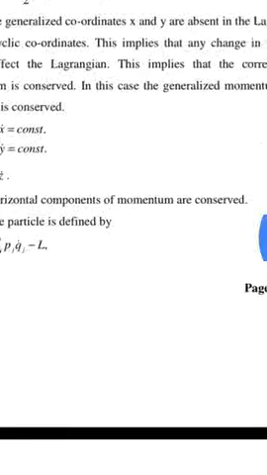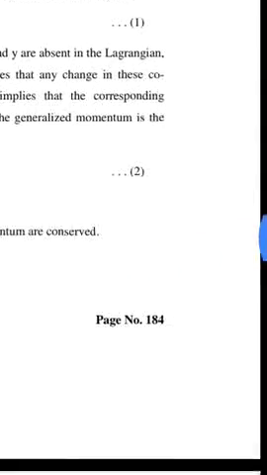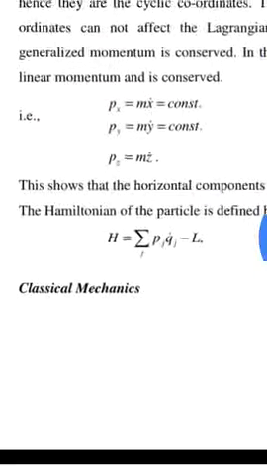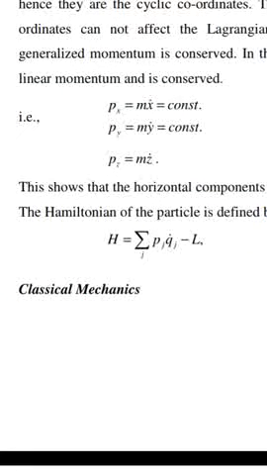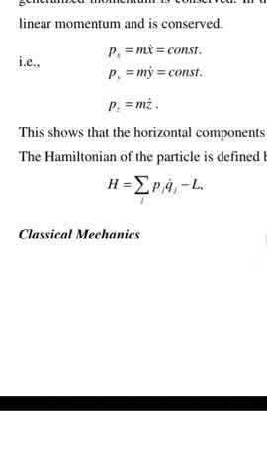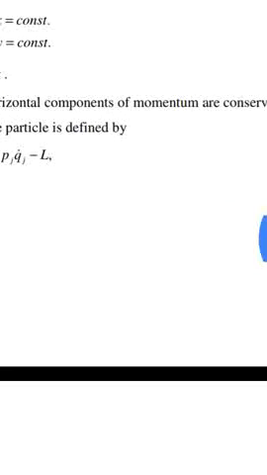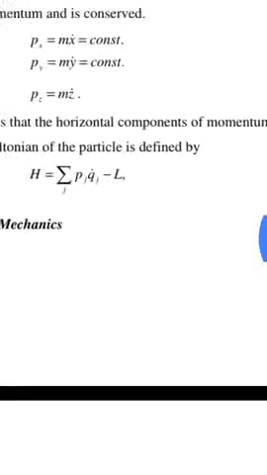In this case, the generalized momentum is the linear momentum and is conserved. Px is equal to m x dot is equal to constant, Py is equal to m y dot is equal to constant, Pz is equal to m z dot. This shows that the horizontal components of the momentum are conserved.